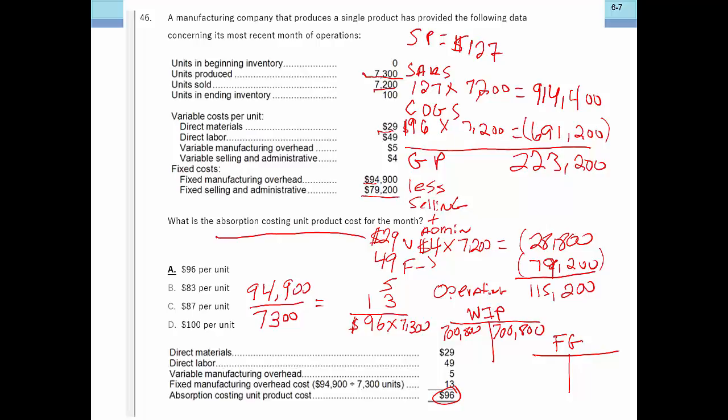So when we get to our finished goods now, we are going to debit that for 700,800. Now I want to figure out how much my cost of goods sold was. Cost of goods sold should have been what? 691,200, you say? Okay.